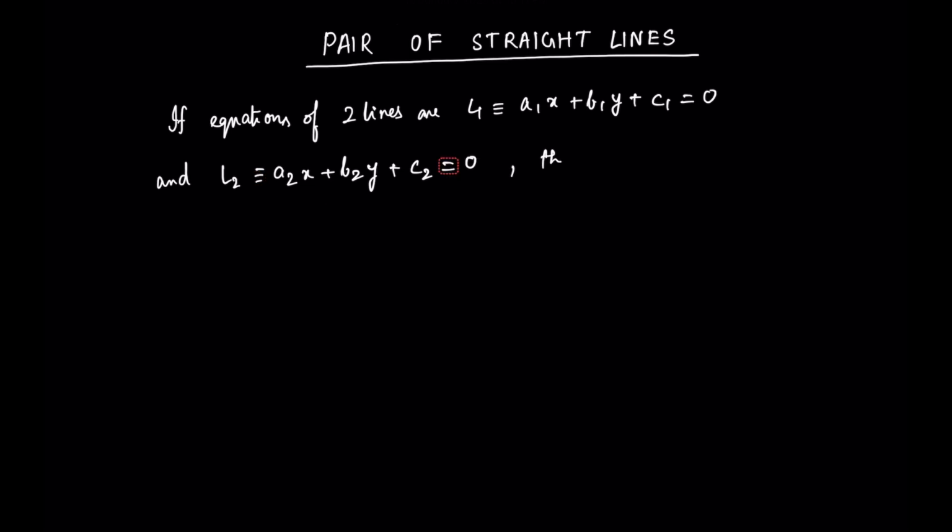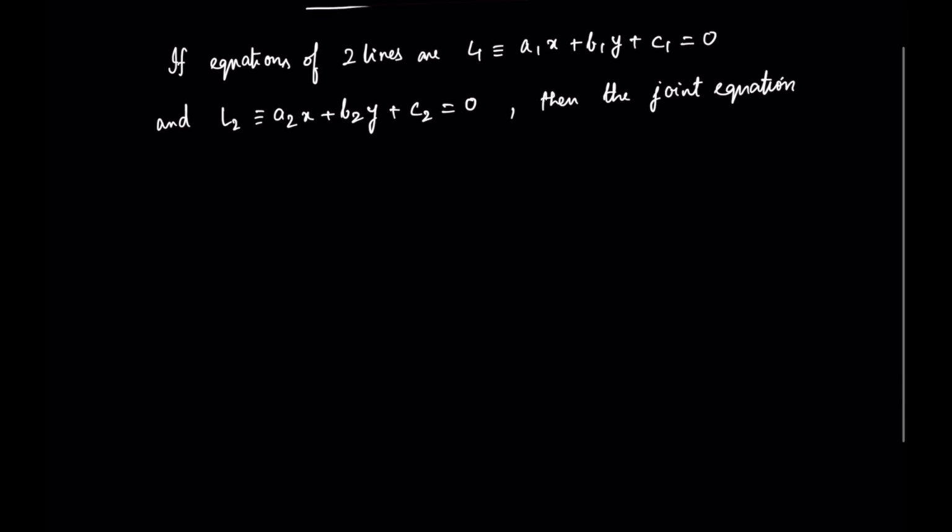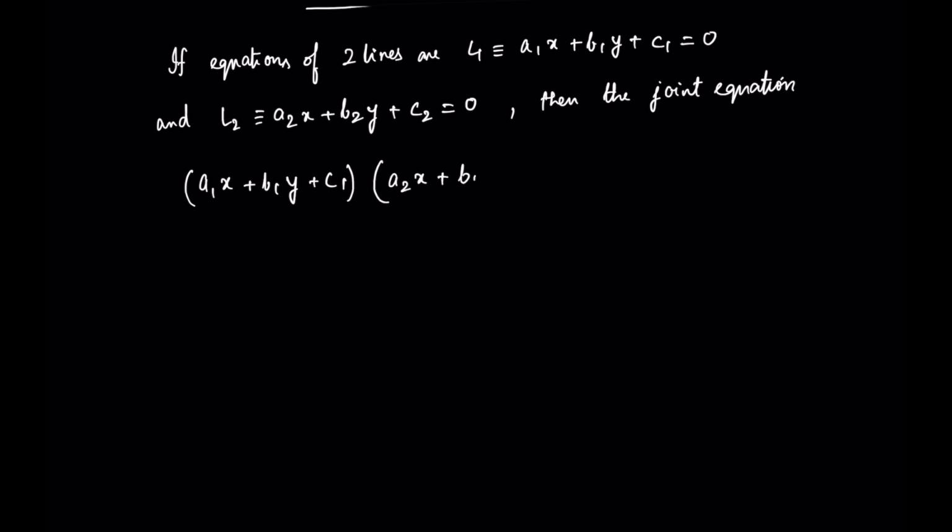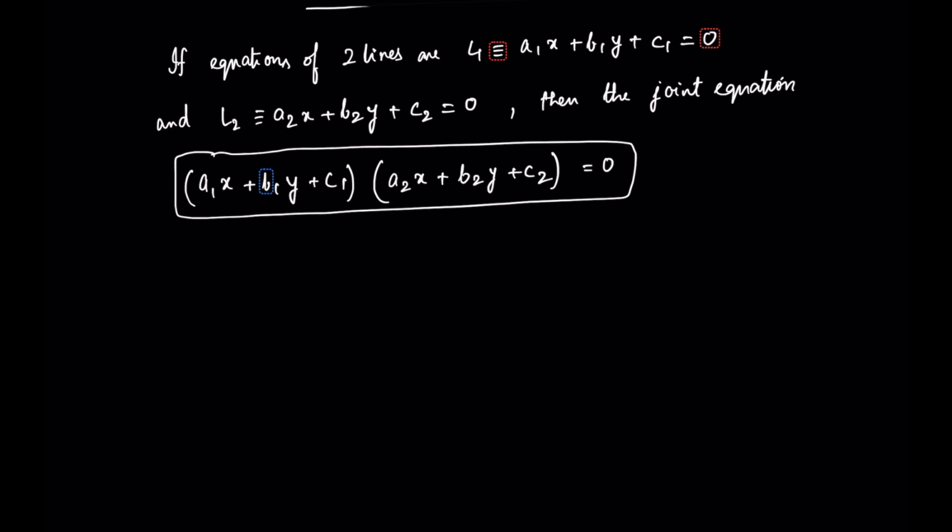Then the joint equation, basically, as I told you, is A1x plus B1y plus C1 multiplied by A2x plus B2y plus C2, correct, is equal to 0. So basically this is how it is expressed.